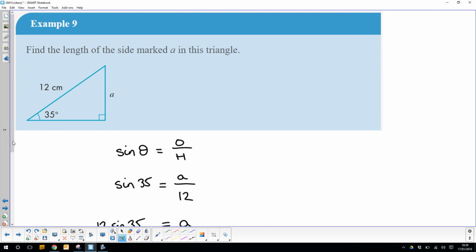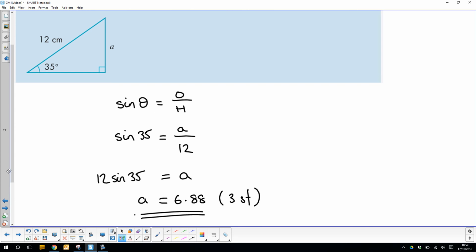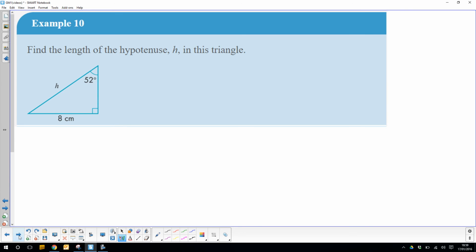Now, before you go gung-ho into the exercise, here's another one. This time we're trying to find the hypotenuse, and it's a little bit more technical, but the same principles apply. First of all, the angle has now moved, it's up here, but this side is still the opposite side, so that's fine. And this side, opposite the right angle, is the hypotenuse.